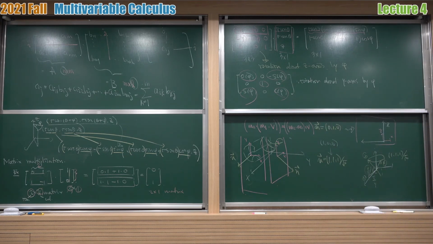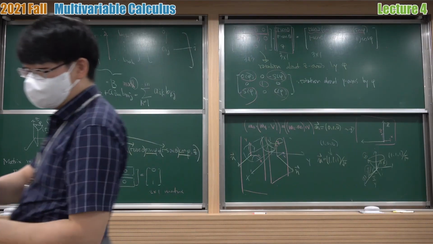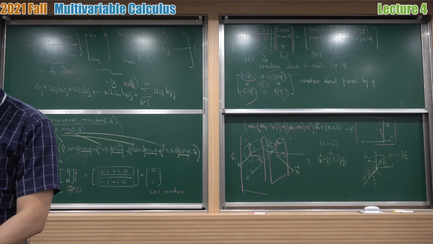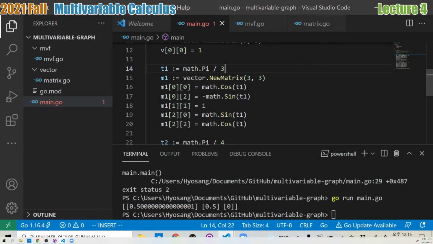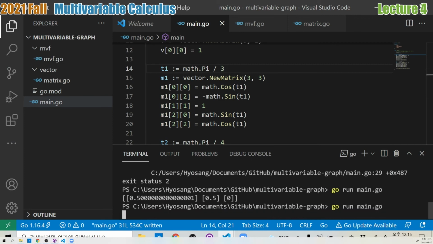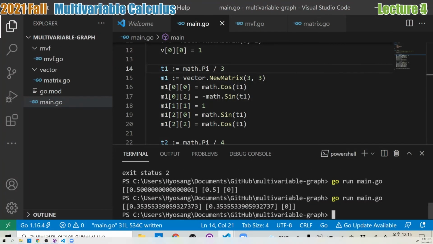Good. 60 degrees. Well, you can check 60 degrees again. So that's the T1, right? That's T1. So pi over 3. Still not. It's weird.